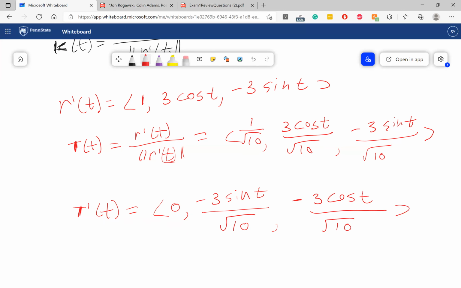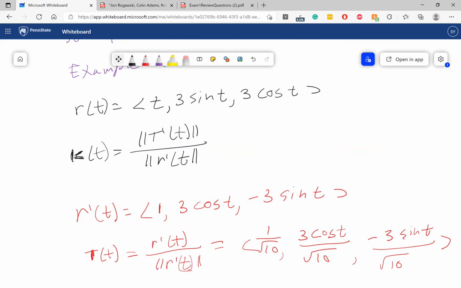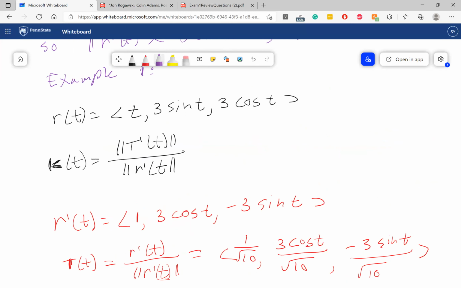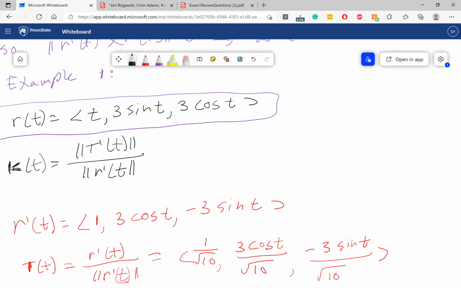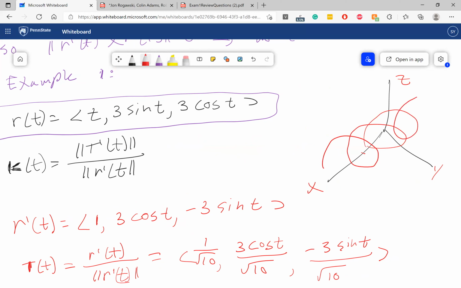By the way, we can note that this is a helix. And so what we're trying to do is find the curvature of a helix. And this helix is going in the x direction. So it looks something like this.